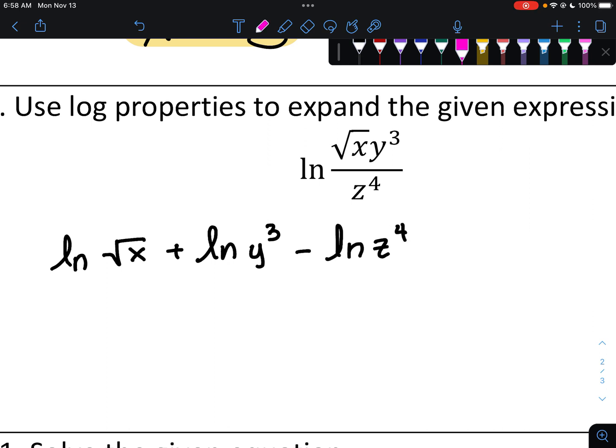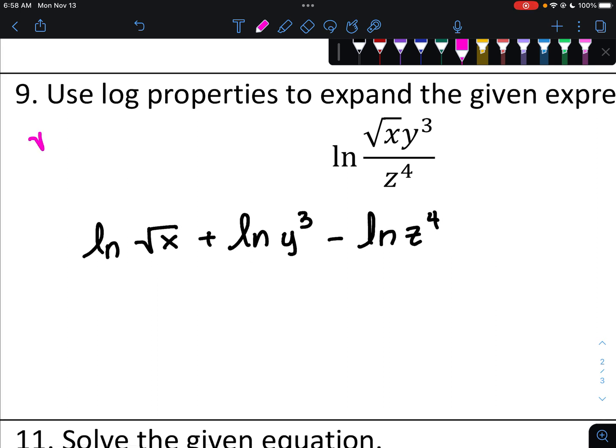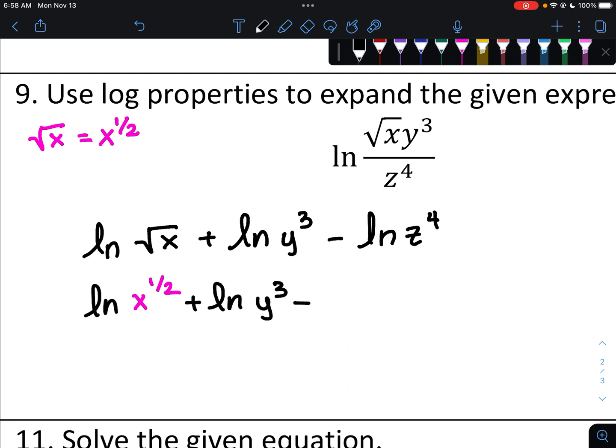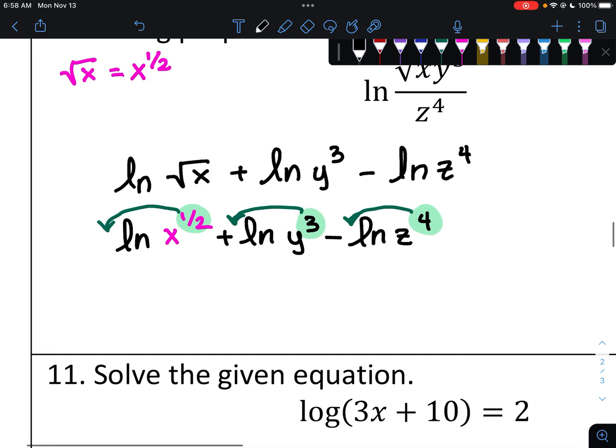Now, that square root of x, remember when we have the square root of x, it can be rewritten as x to the 1/2 power. So this turns into the natural log of x to the 1/2 power. Everything else I'm going to keep the same for now. Then we're going to take all of these exponents and drop them in front of their respective log to get our final answer.